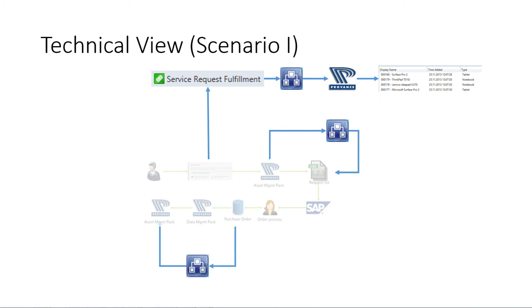And the third step, we get data from SAP or another ERP system and pump that with automation and the data management pack into asset management to synchronize those two systems. Yeah, that's it. Now let's finally look into our Orchestrator machine.